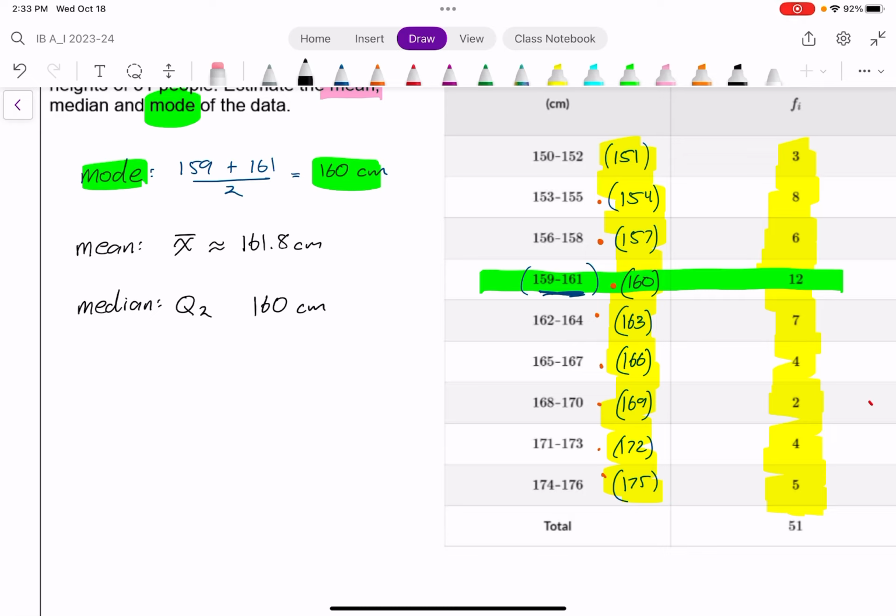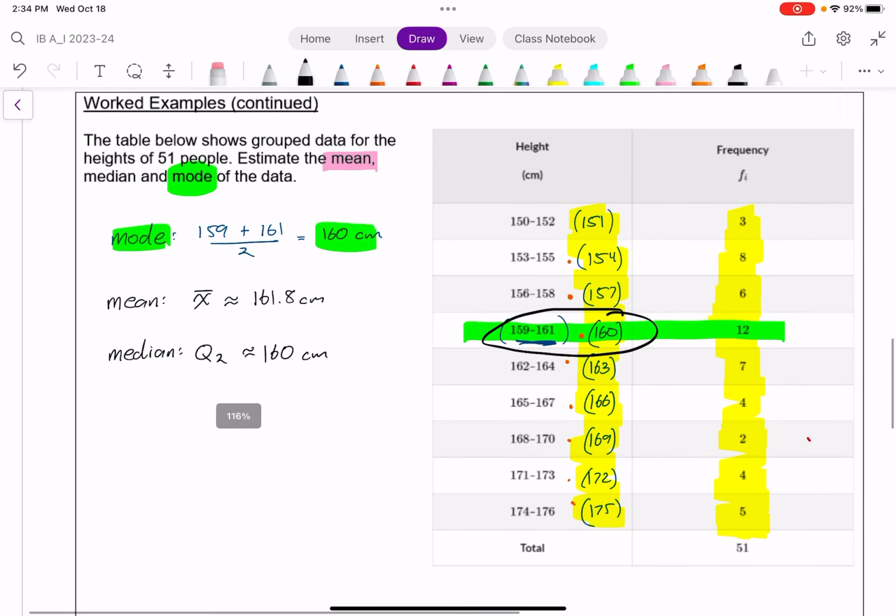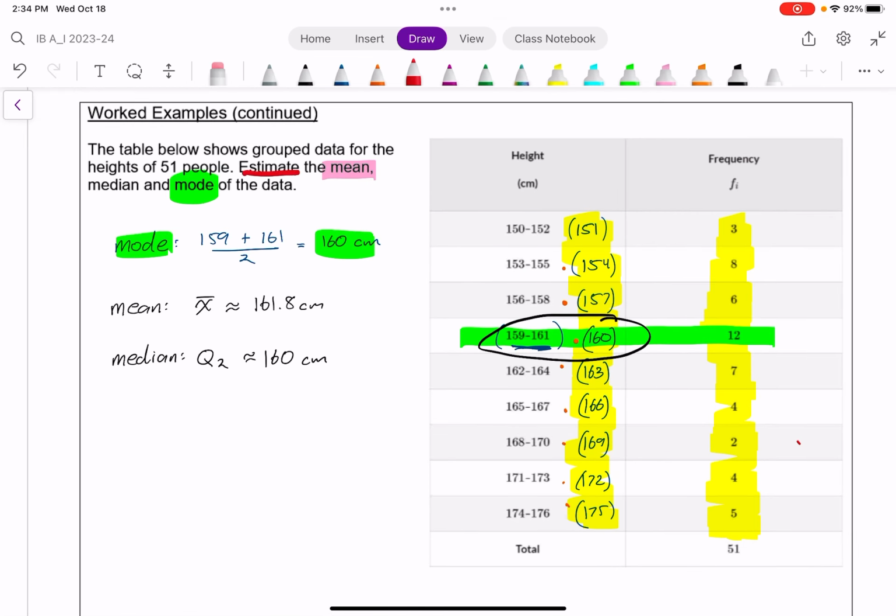Well, actually I should say it's an estimate, because to be honest, in this group here, I don't know exactly how many of those people had exactly 160 centimeters for their height. I just know there were 12 people within that range. And that is why it says we're estimating here. I'm not estimating in terms of looking at the values and making up a number in my head. I'm estimating by realizing all these midpoint values here are really a type of estimation. There's my mode, my mean, and my median.